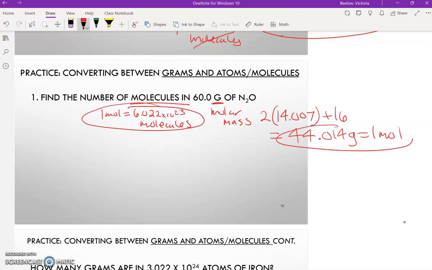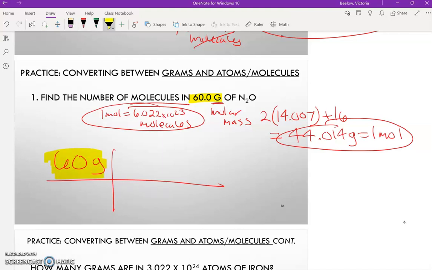So now I have my 2 equalities, my 2 things that I'm going to be plugging in to this picket fence. I'm going to start my picket fence with whatever was provided to me. In this case, it is 60 grams that we're starting with, and we're trying to convert that into molecules.